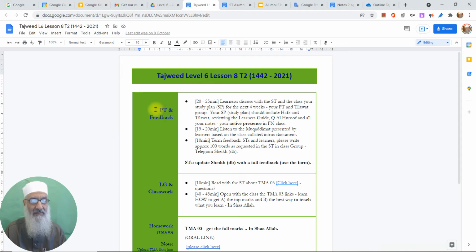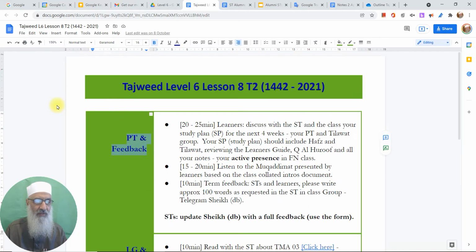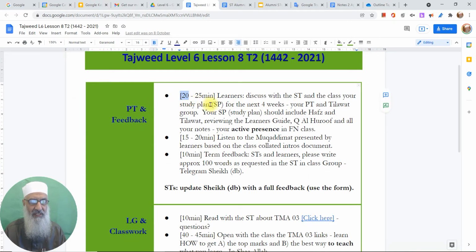We have here the personal target and feedback. We have 20-25 minutes, 15 to 20 minutes, and 10 minutes, etc. All this, inshallah, should help them concentrate and do the task within that time frame.